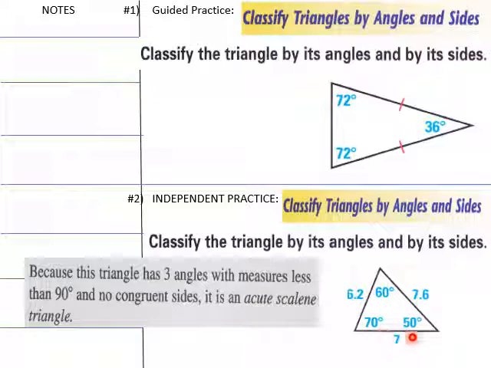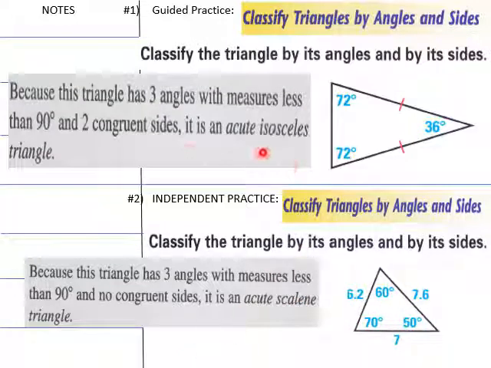Each side is different. Acute scalene. And then this one up here, these two sides are congruent, and all the angles are under 90 degrees, so it is an acute isosceles triangle.